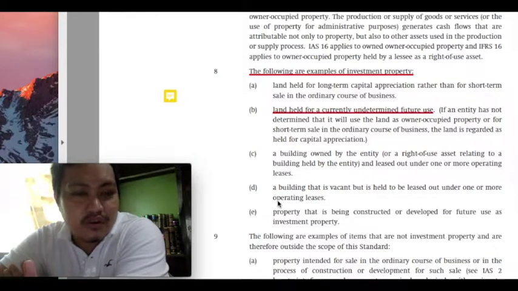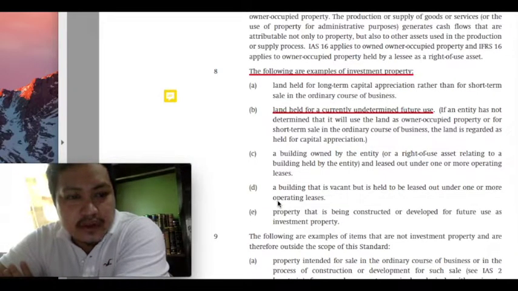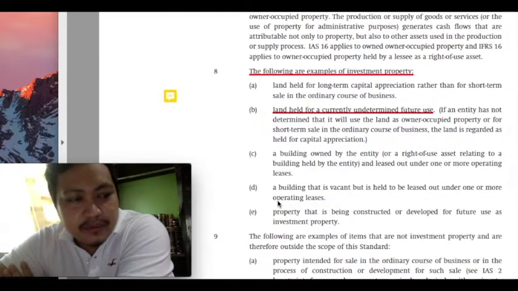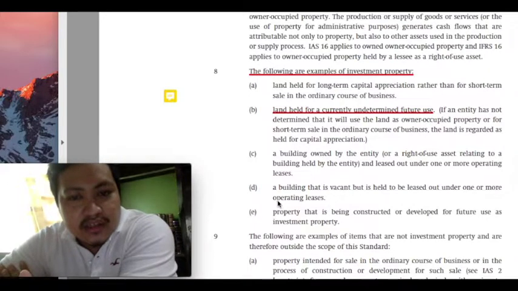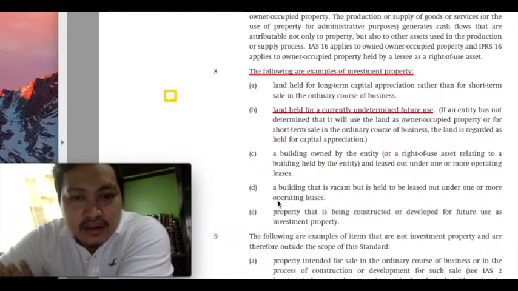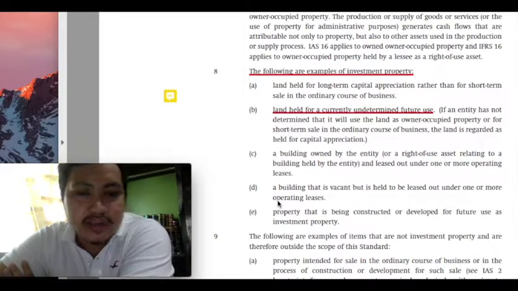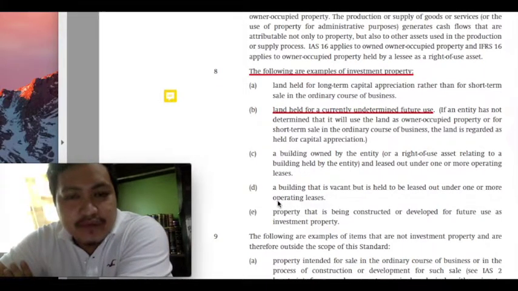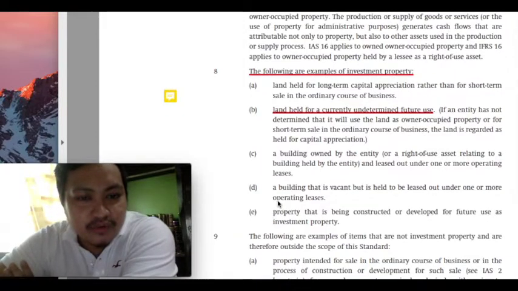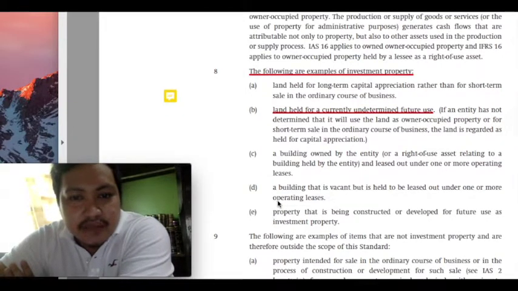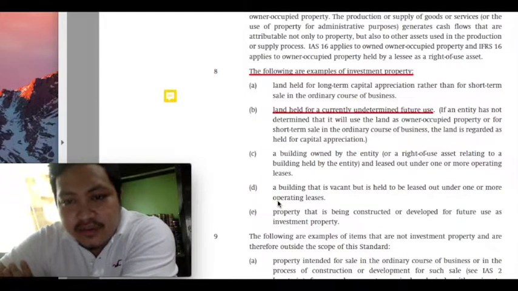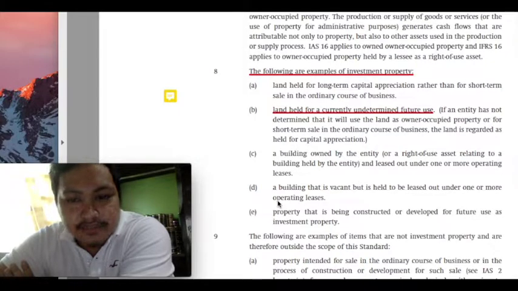Even if you have no specific plans yet as to this particular land, okay, that would already be considered as an investment property because there is an assumption that that is being held for capital appreciation. Regardless of whether or not you do anything to it, the value of a land will tend to appreciate over time. Letter C, a building owned by the entity and leased out under one or more operating leases.